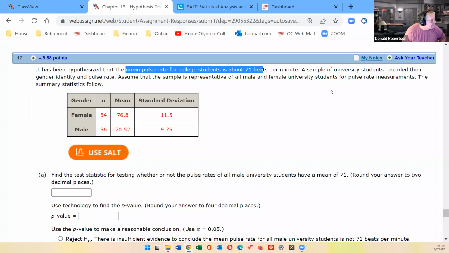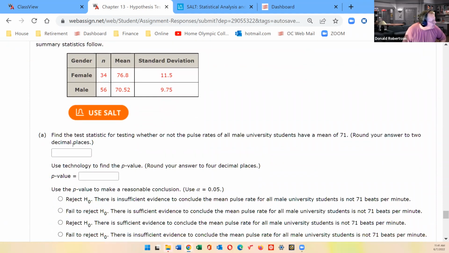A sample of university students recorded their gender identity and their pulse rate. Here are the female data and here is the male data, with two different sizes, different means, and so forth. Assume that these samples are representative of all the male and female students at our university.